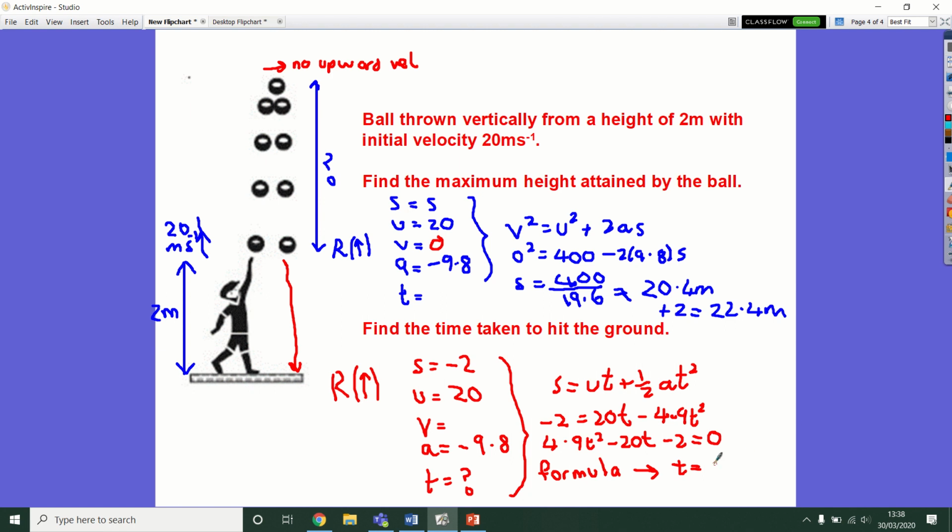Okay, so I make the first root as being 4.18 seconds. And presumably if I take the negative version of this, I'm going to get a minus value of t, which I don't want. But let's just double check that. If I do 20 minus the square root, fill the rest in.